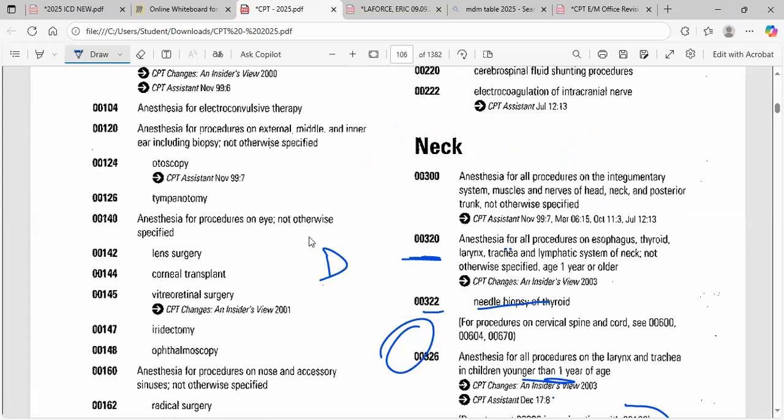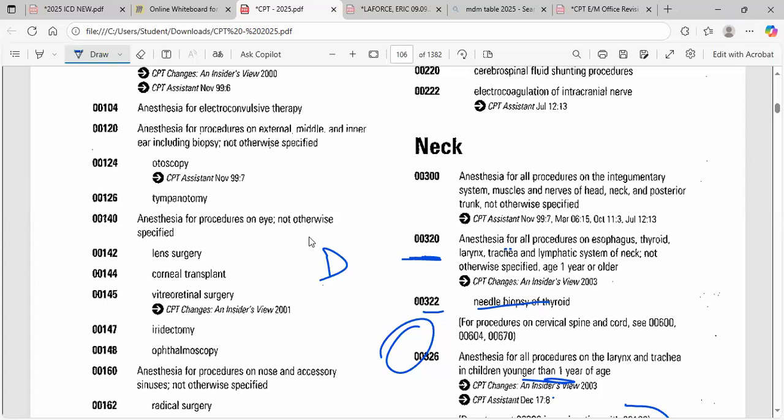Because we have to consider anesthesia time from when the anesthesiologist starts preparing the patient, and the anesthesia time ends when the anesthesiologist leaves the patient in the recovery room. Does that make sense? Any questions? Why the answer is D on this one? Any doubt?